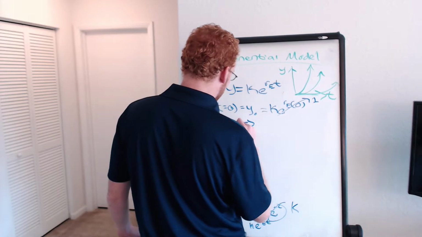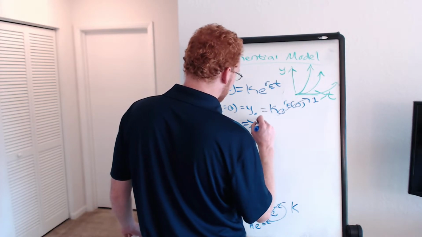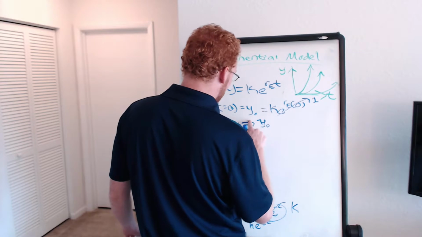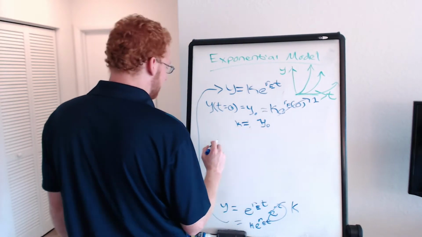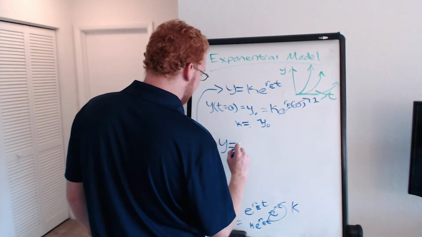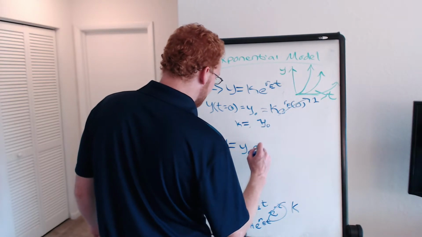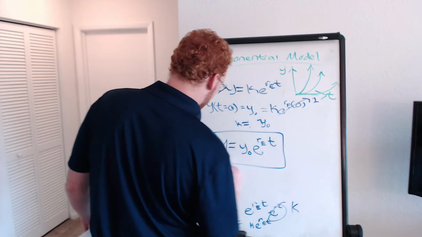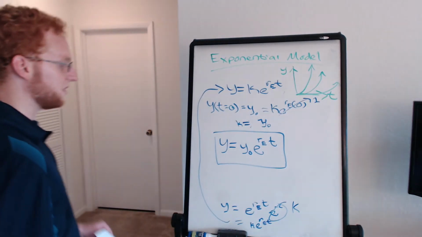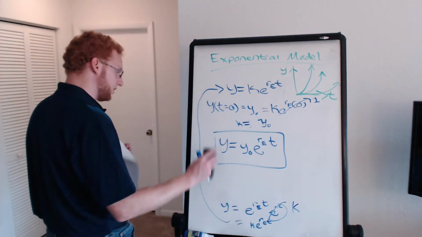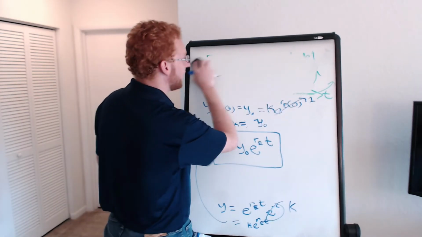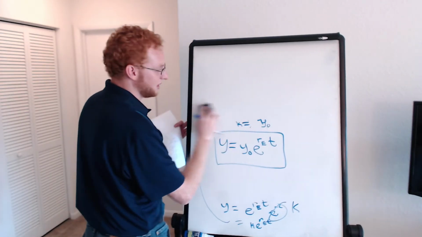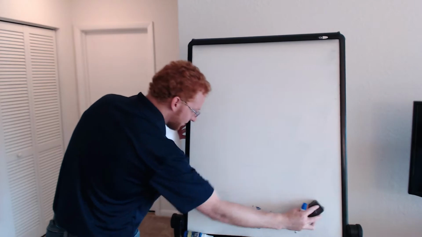That means k is equal to y sub 0. So then we get y is equal to y sub 0 e to the r sub e times t. Voila. In case you were interested. Nothing too special.